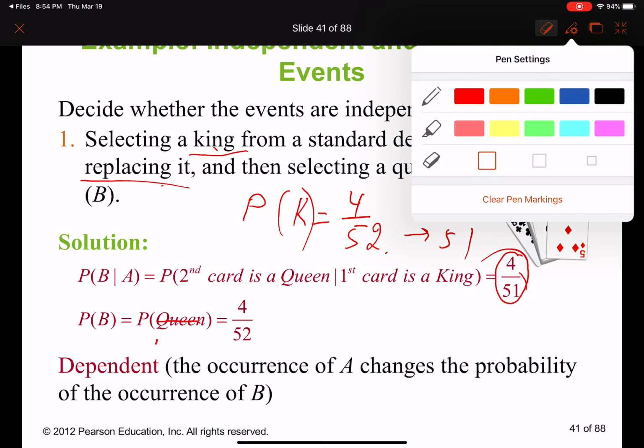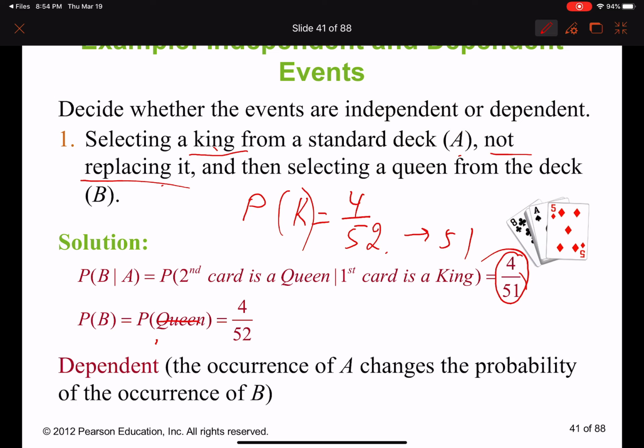So, this is the probability of the king. This is 4 over 52. And then the second card is a queen, given the first card is a king. These two events are dependent because the king affects the probability of the queen, right?